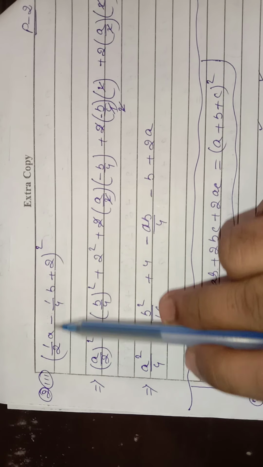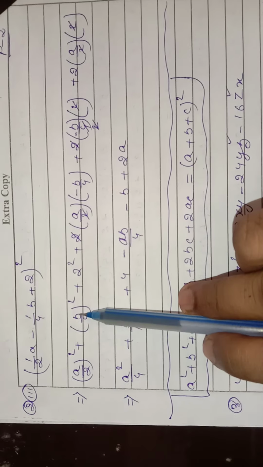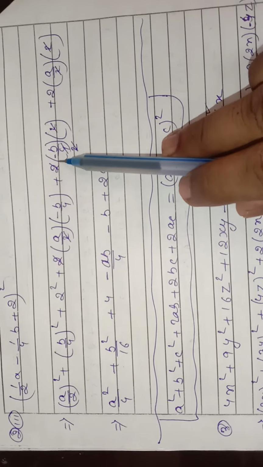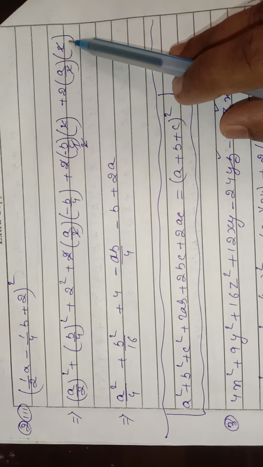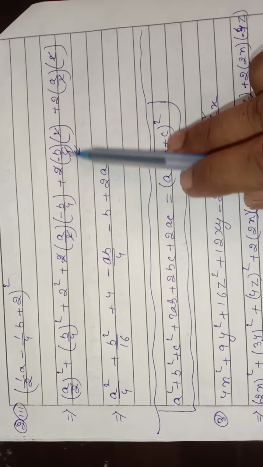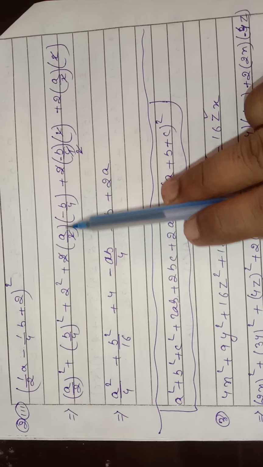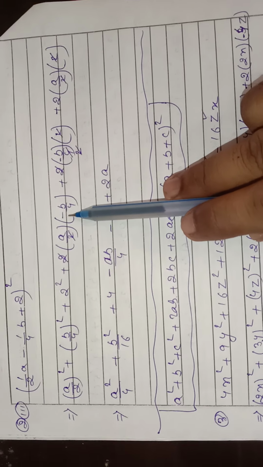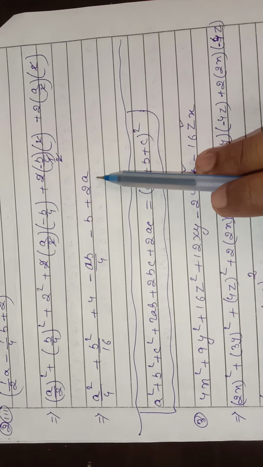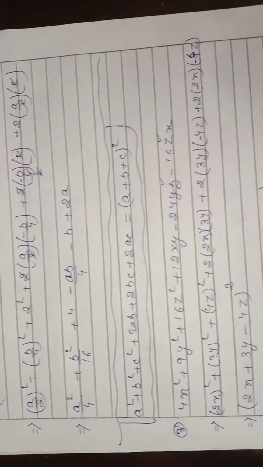We have to think of a, b and c whole square: a² + b² + c² plus 2ab plus 2bc plus 2ac. Whatever numbers are written, we have to write them here, but first of all keep them in brackets so that we can multiply the signs, and whatever answer comes, that is our answer.